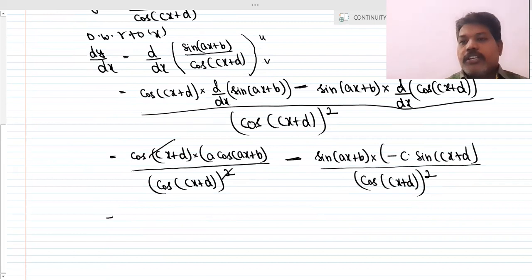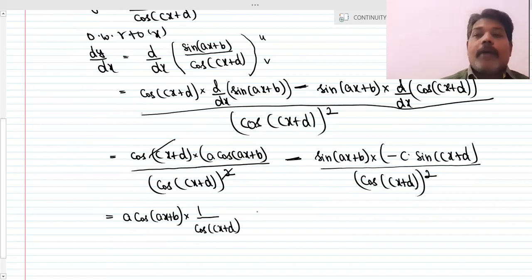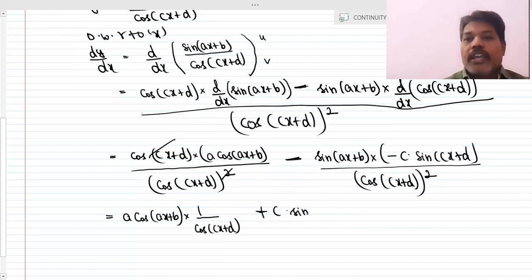You will get a into cos of ax plus b into 1 by cos of cx plus d, minus, and the next term, minus of minus becomes plus c into sine of ax plus b into sine of cx plus d, by cos cx plus d whole square.